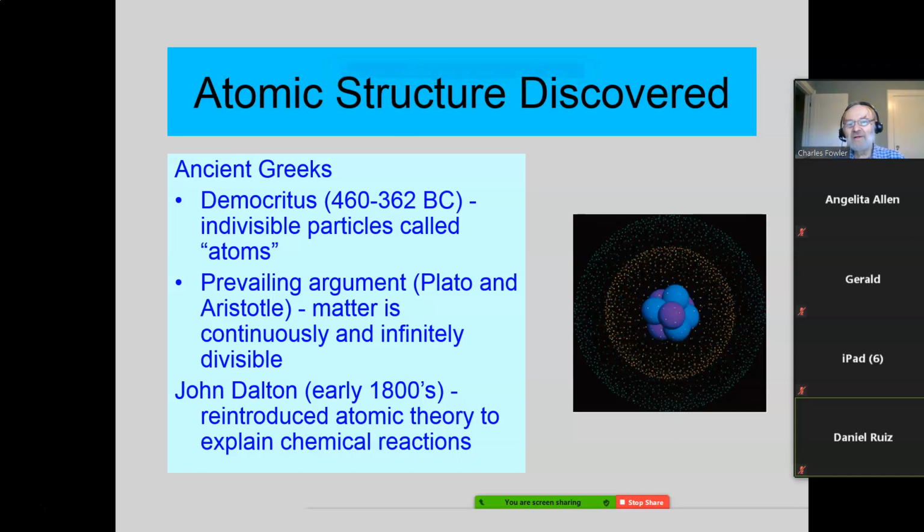John Dalton, British scientist, chemist, reintroduced the atomic theory to explain chemical reactions. Now, a lot of things happen in between there, but most of them happen closer to the early 1800s. A few of them were happening later, but for literally centuries, no one argued with Aristotle or what his writings were.